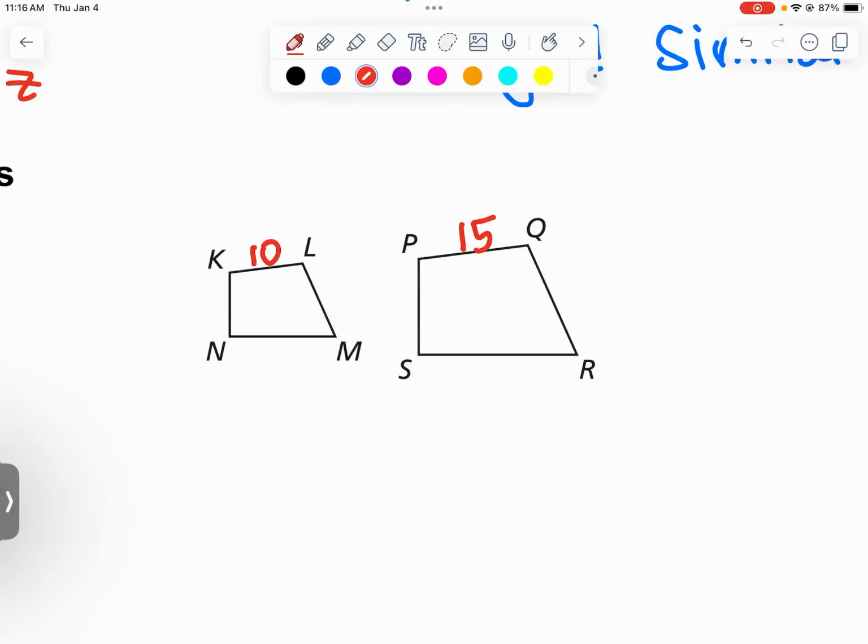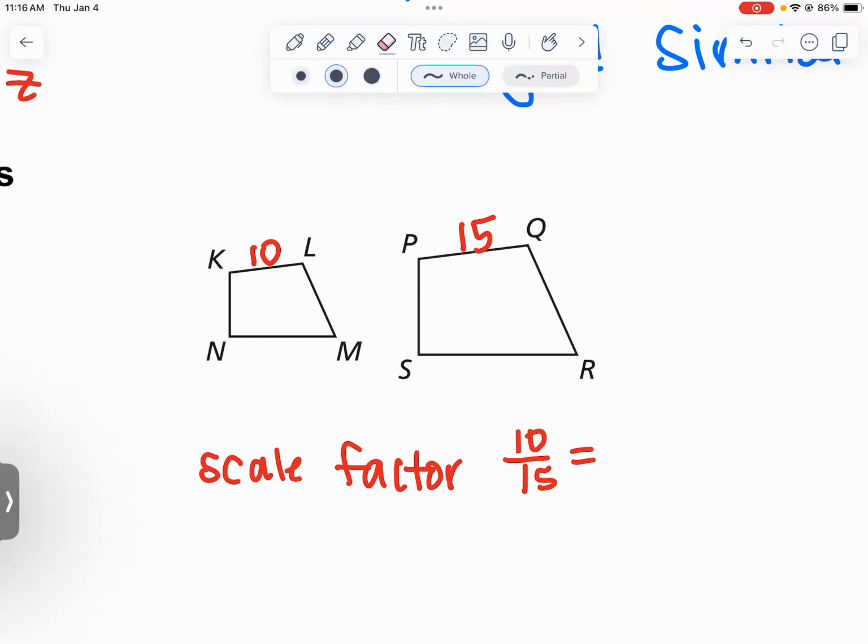Okay, so the ratio of our sides, it's like our scale factor, we could say is 10 over 15, right? Which is what? Let's keep it in, what? Okay, so I see where you're going.